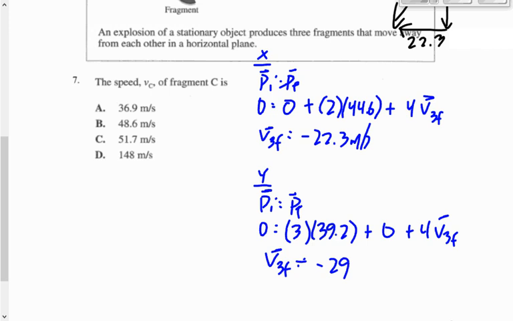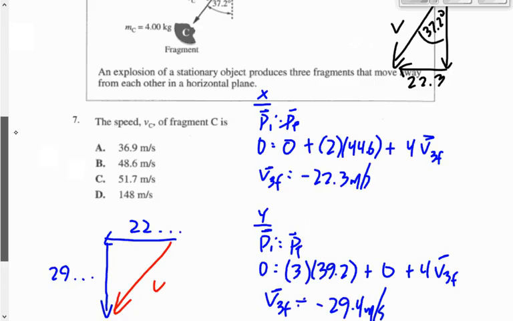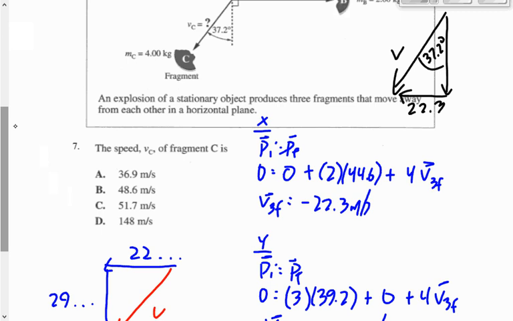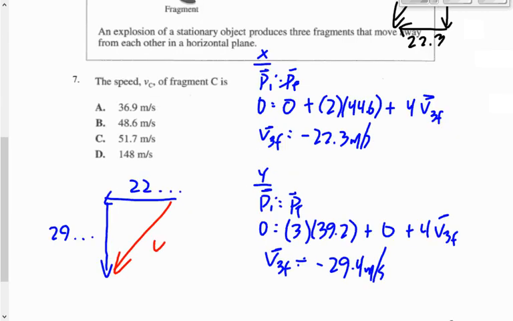And then finally, it's just 22, 29, and we're looking for this. Pythagorean theorem, right? If we did it x component and then this, or if we do it x component, y component, and then resolve them, doesn't matter. We get the same answer, 36.9 meters.